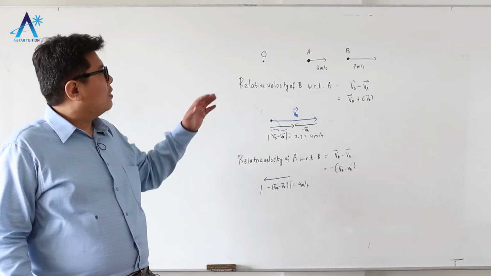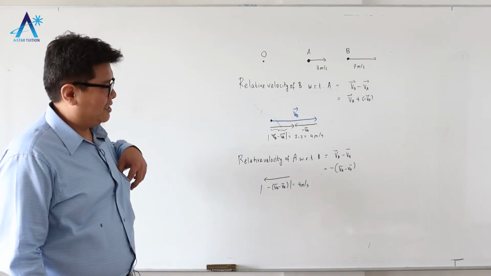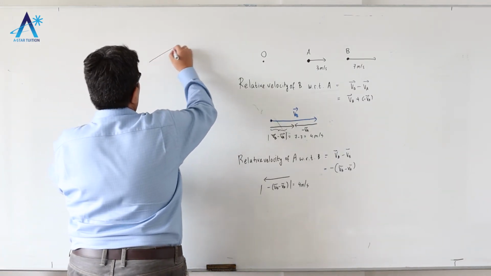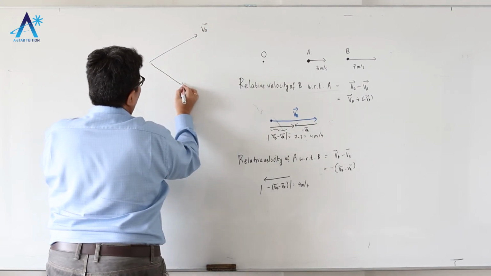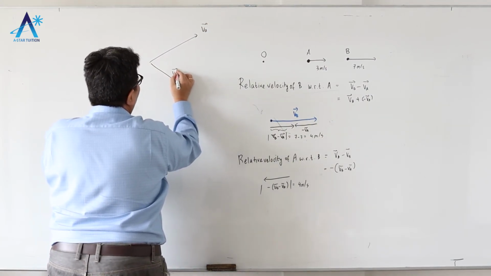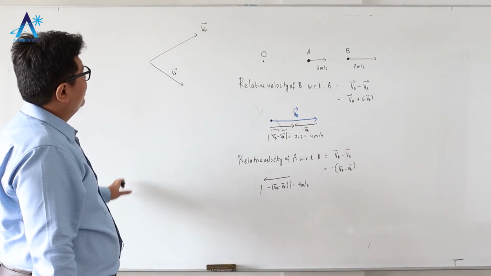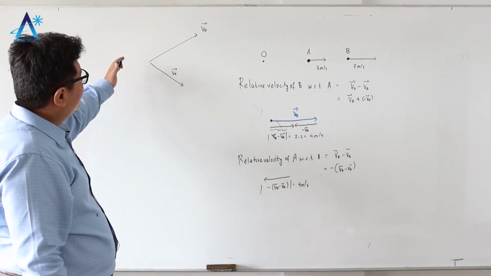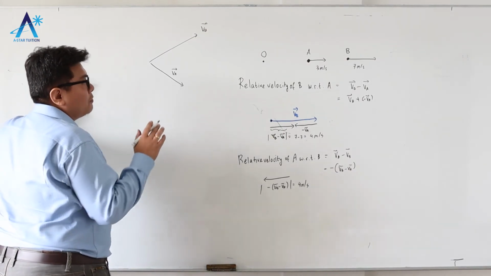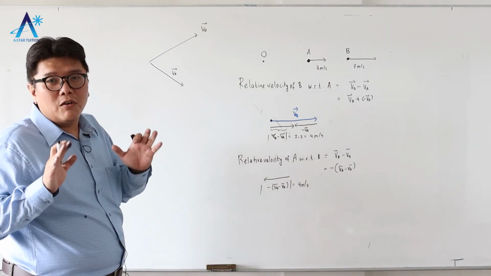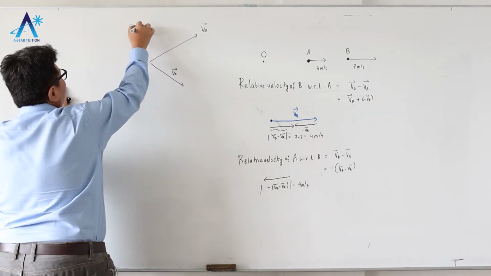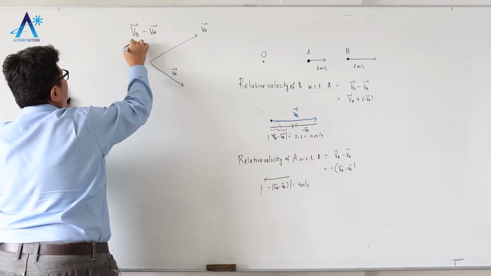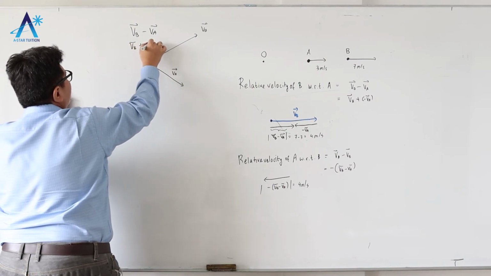What if the two velocity vectors are not collinear? So in other words, this is VB and this is VA. In this case, if you want to find the relative velocity of B with respect to A, you still need to do VB minus VA, which is equal to VB plus minus VA.